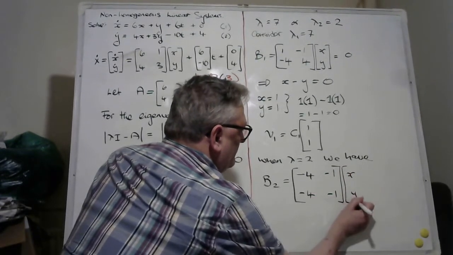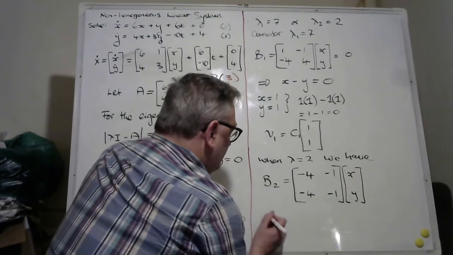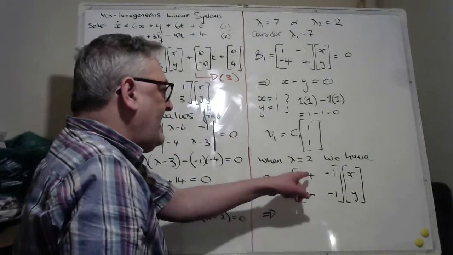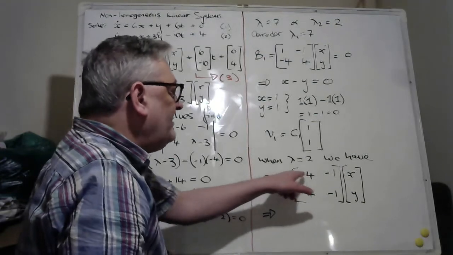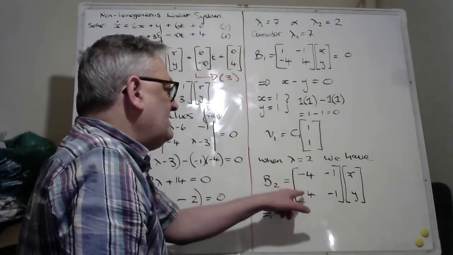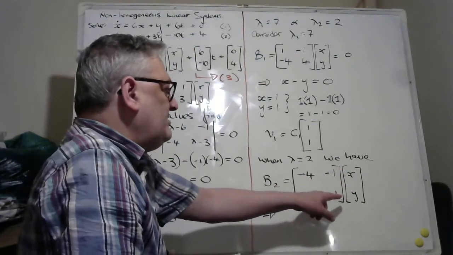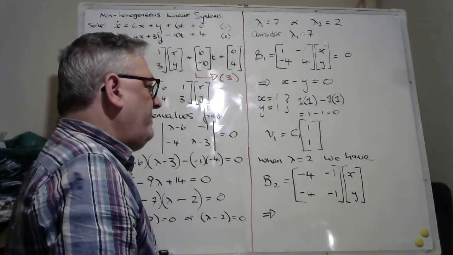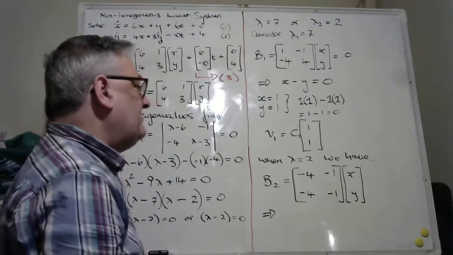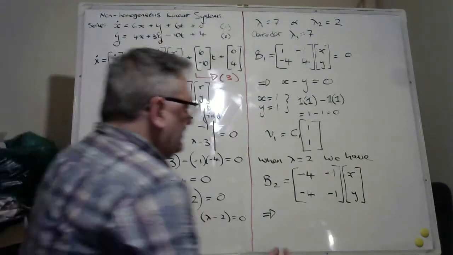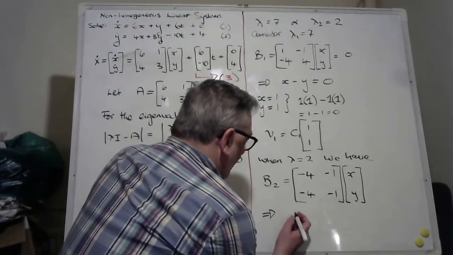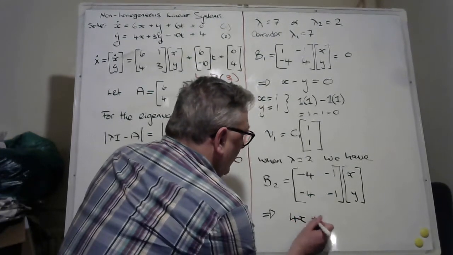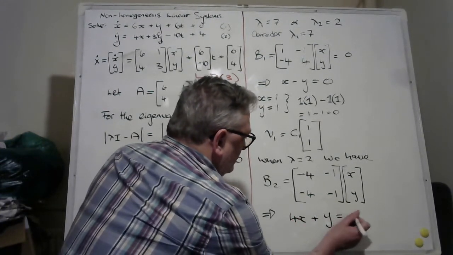X, Y. So this implies that, well, we can see that the equation in row 1 is exactly the same as the equation in row 2. So therefore, they're essentially both one and the same equation. They're multiples of each other. And we can simplify them to give 4x plus y equals 0.